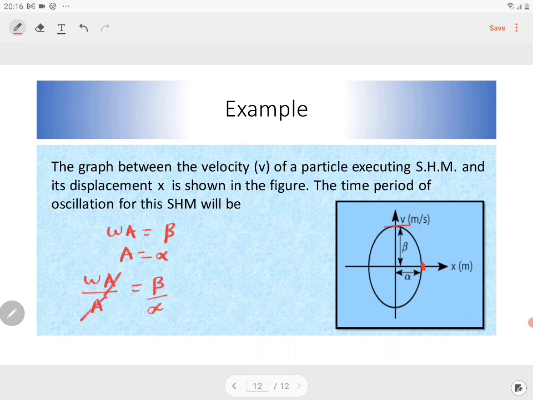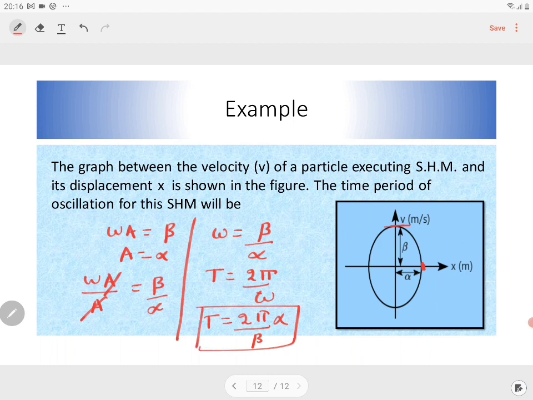A will be cancelled, so omega is equal to beta divided by alpha. Now what is the time period, children? 2 pi divided by omega. So T is equal to 2 pi divided by beta by alpha, that is 2 pi alpha divided by beta. So this is how you can solve.